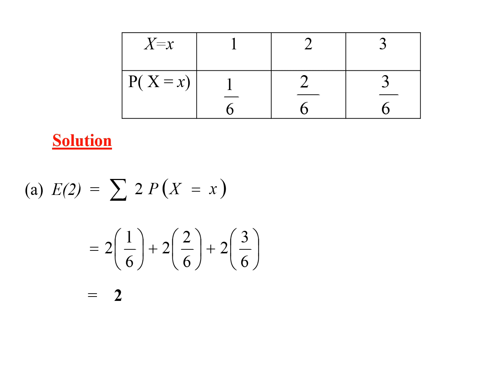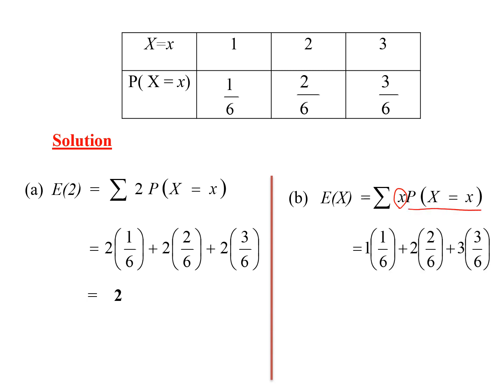If you want to do the calculation using the formula, also can, the summation of the value 2 times the probability. Finally, you will get the value of 2. For E(x), we use the formula summation of x times the probability.